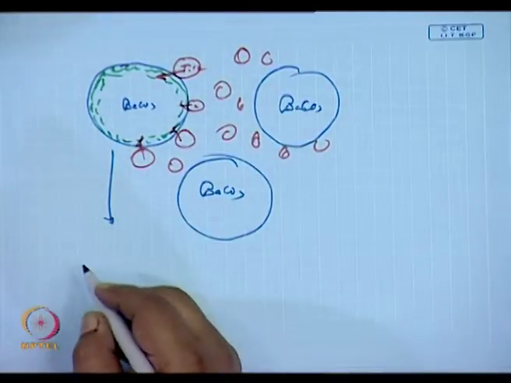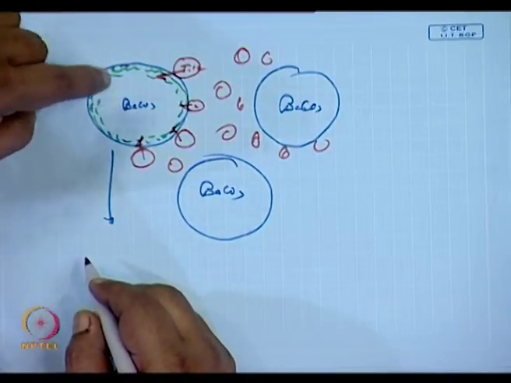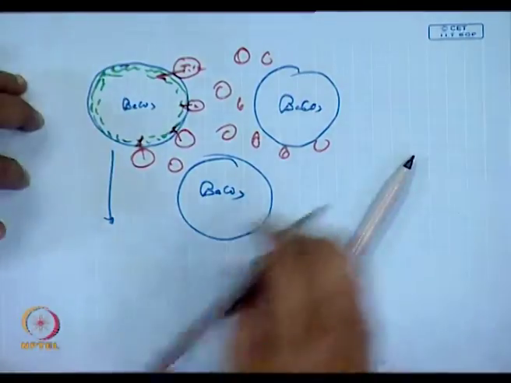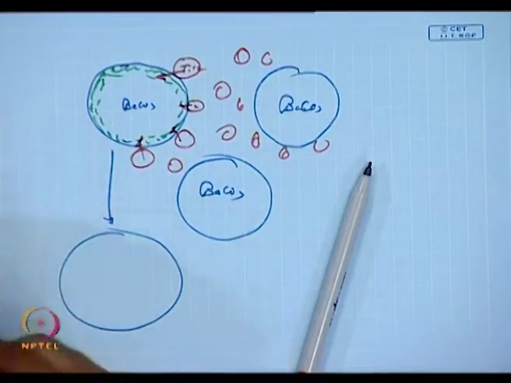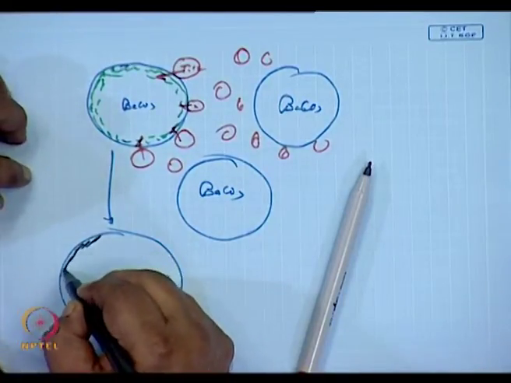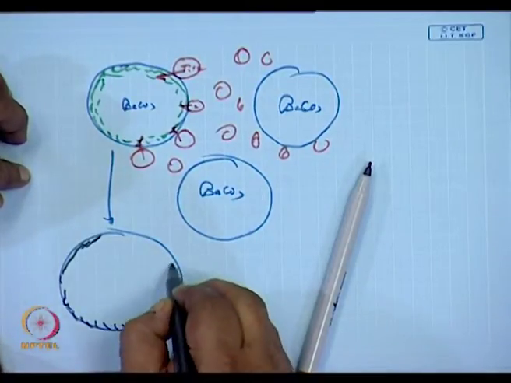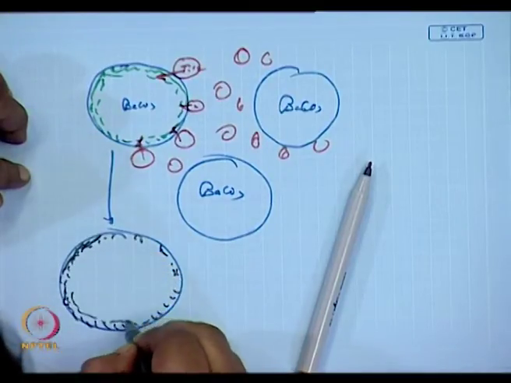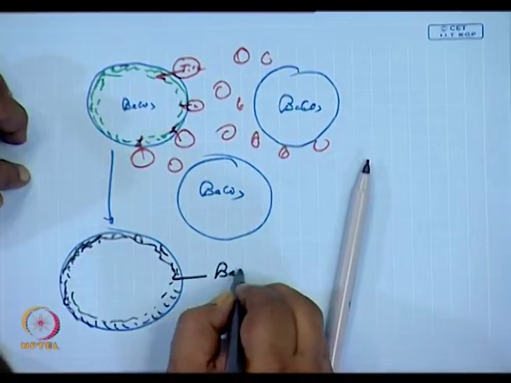And as a result, not only has the diffusivity of carbon dioxide been reduced due to formation of BaO over here, what has happened more is this, that a new layer which was formerly BaO has reacted with the titanium dioxide to give you BaTiO3.